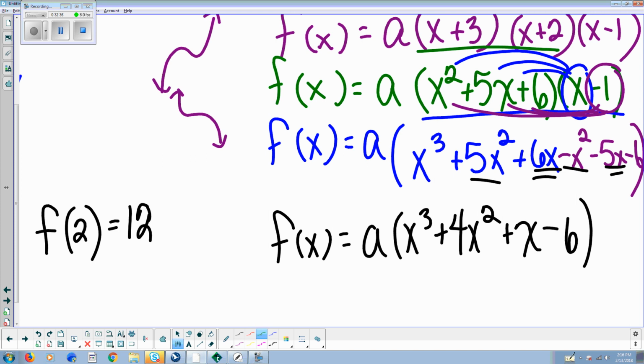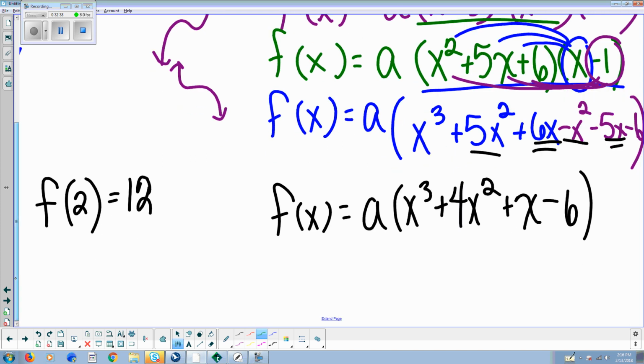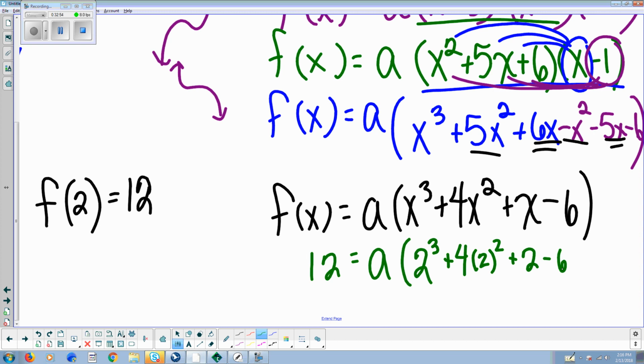Here's how I find out how it's been stretched or compressed. My answer here would be 12 if I substitute for x 2. 2 cubed plus 4 times 2 squared plus 2 minus 6.